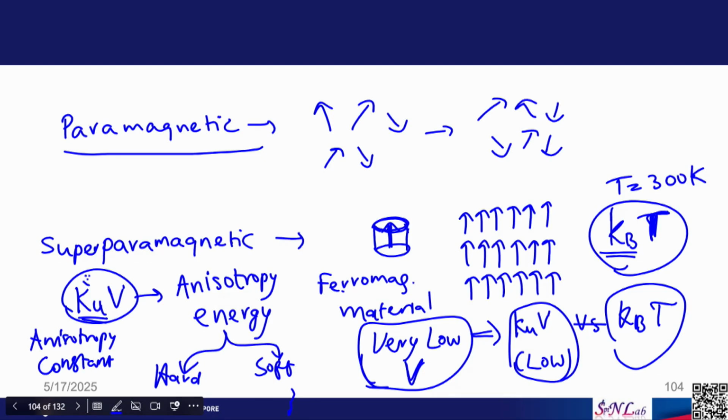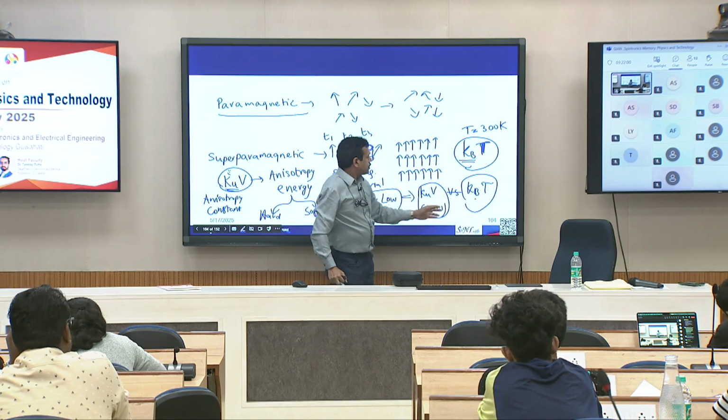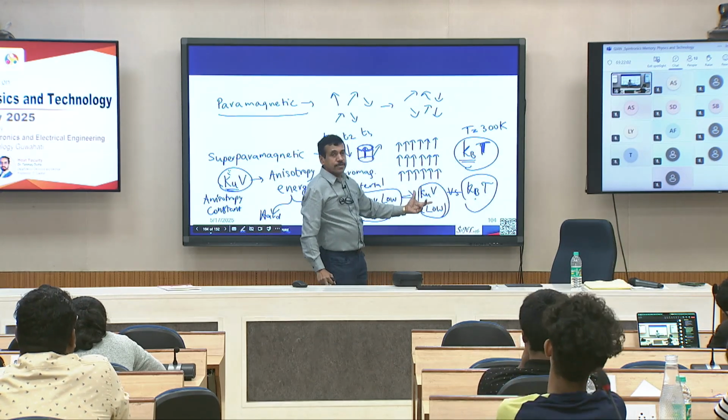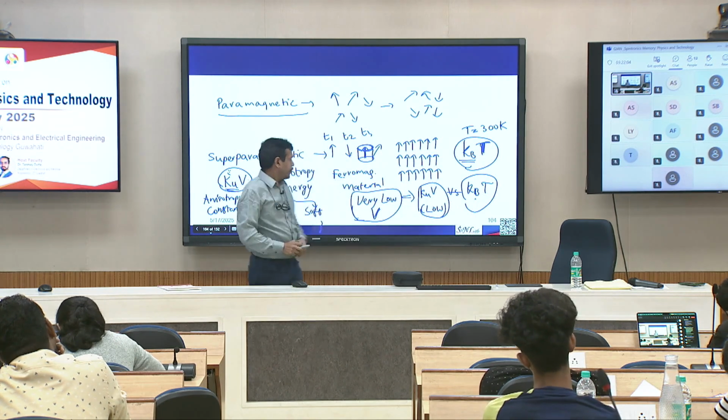I observe at time t1 magnetization is like this, at time t2 maybe magnetization is like this, time t3 magnetization is somewhere like this. So, this magnetization keeps fluctuating as a function of time, because the thermal energy starts competing with this anisotropy energy.